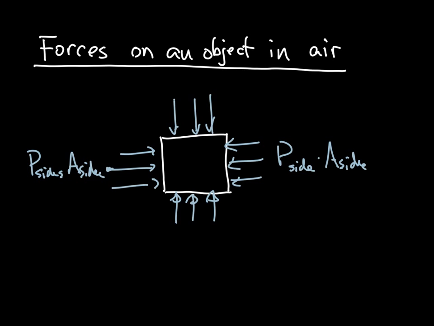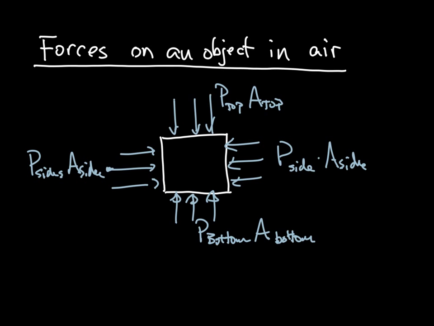And we know that the pressure at the bottom will be times the area of the bottom. And the pressure of the top times the area of the top. These are all the forces related to the pressure that we expect.